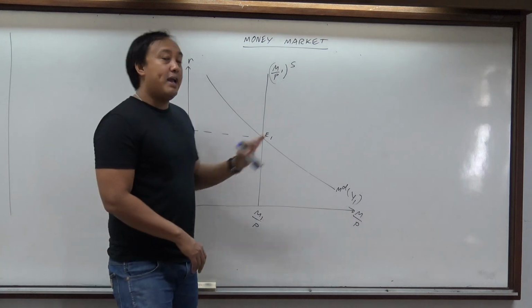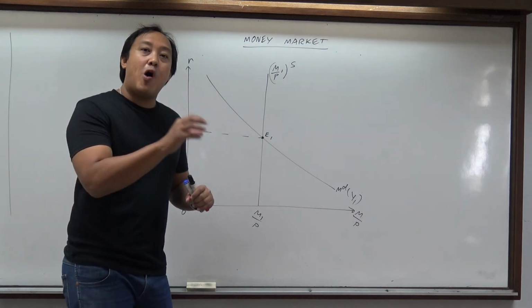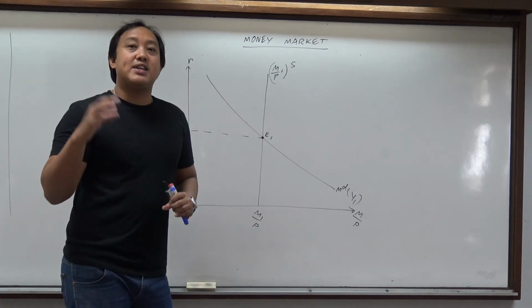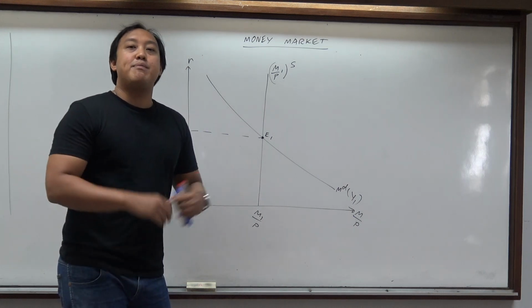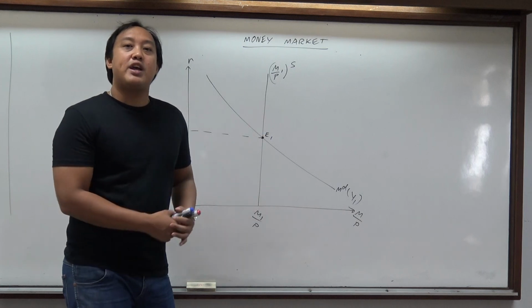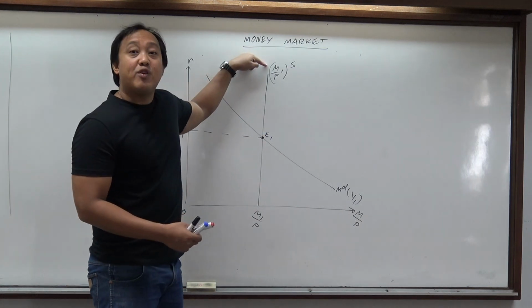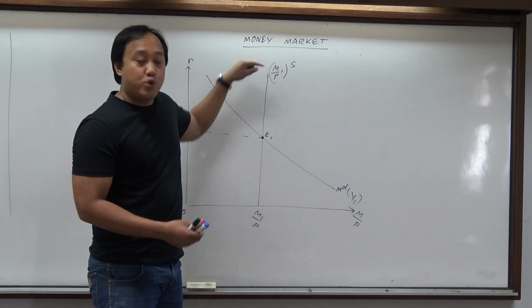If the central bank injects more money into the economy, if the central bank uses QE, quantitative easing, to print more money and inject it into the economy, M is going to increase. Let's say M1 increases to M2.